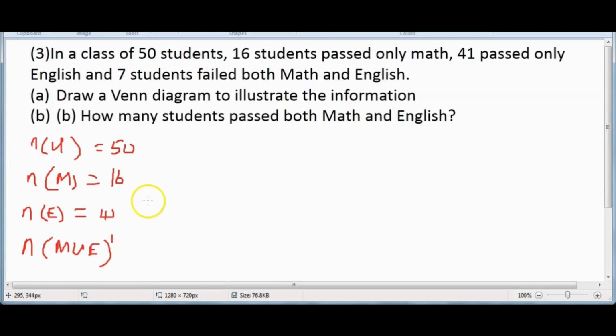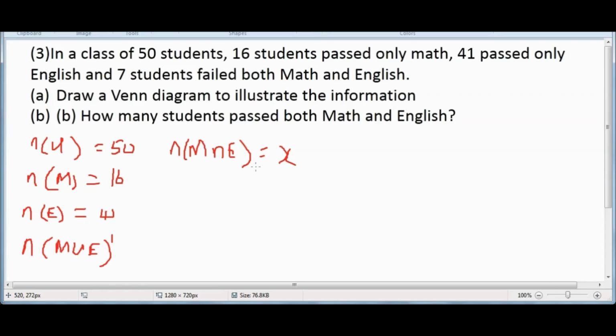So we write n(M intersection E). Students that pass both math and English is M intersection E. Students that fail both math and English is (M union E) complement. That number is not known, so we write x. The number of students that pass both math and English is M intersection E. Take note. Now we'll have to represent this information on a Venn diagram before we do the calculation.